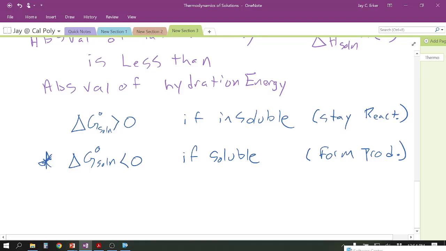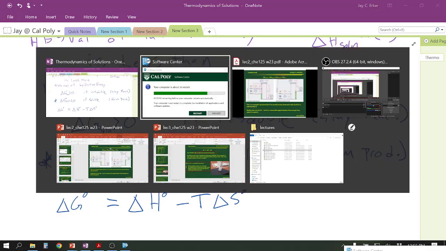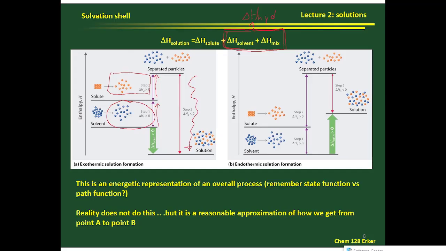At this point, we can go ahead and do the last thing and figure out the logic of what's happening with our entropy. Now, one of the funny parts is most people assume that if you're breaking apart a solid into water, your entropy is increasing. But remember, you're breaking apart the solid, you're breaking apart the water. Those are both increases in entropy, but when we mix them back together, that's a decrease in entropy.